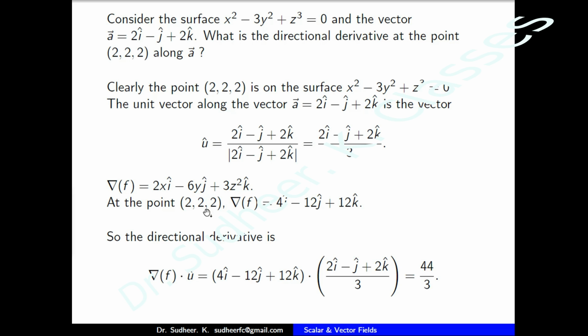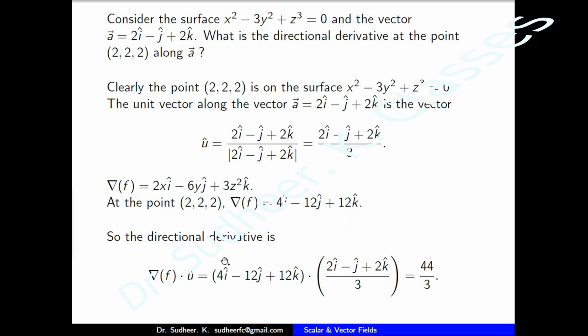At the point (2, 2, 2), we just substitute the values x equal to 2, y equal to 2 and z equal to 2 in this expression. Del f equal to 4i minus 12j plus 12k.